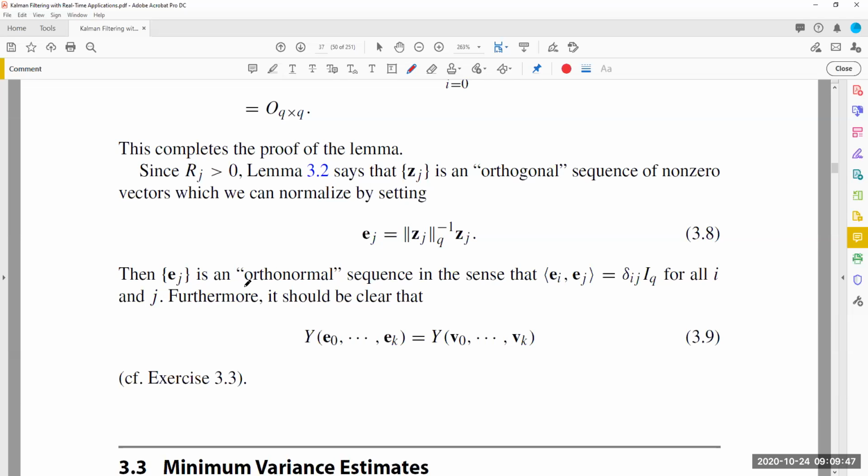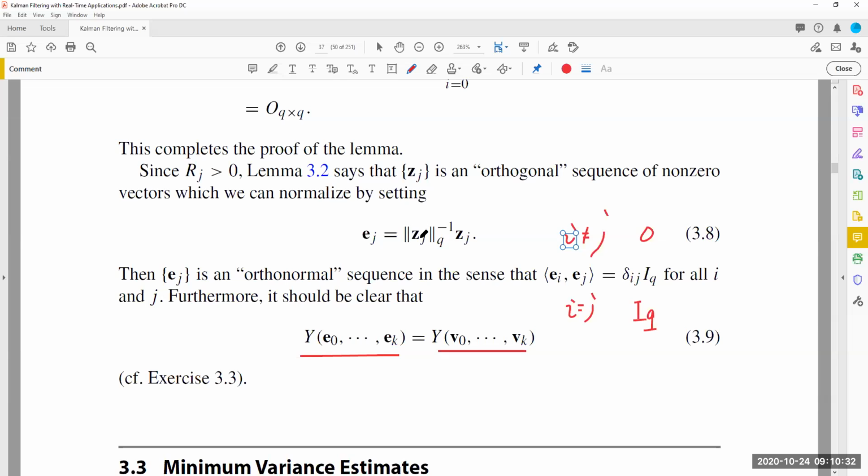For the process Ej, it is an orthogonal sequence. Basically, if i is not the same as j, the covariance between Ei and Ej is 0. If they are the same, the covariance between them is the identity matrix. Then we know that the space generated by V0 to Vk is the same as the space generated by E0 to Ek.